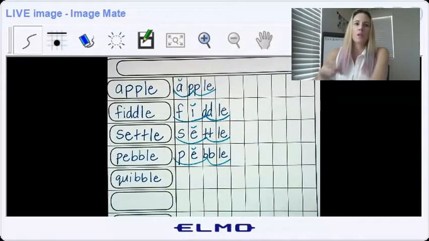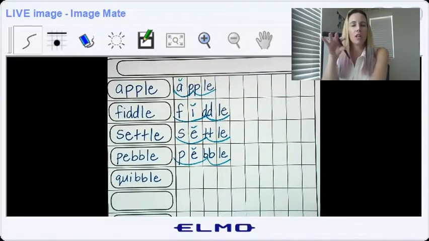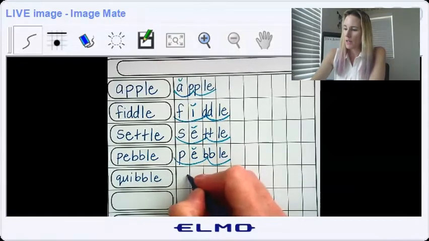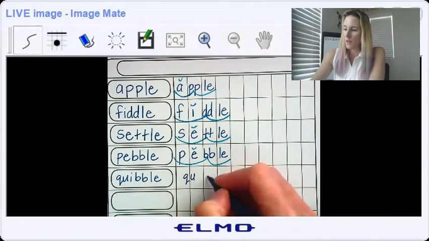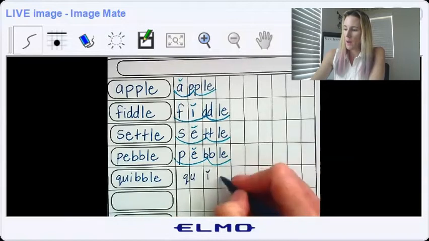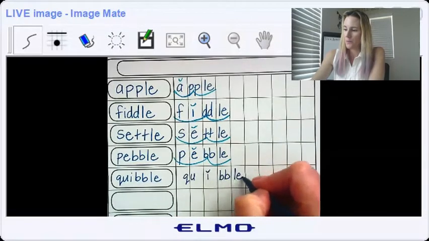Now, this one, when we do our sounds, it can be a little bit tricky because the q is really two different sounds. K, w, I, b, o. Okay, now you could put the q together, the QU, but it's really like this. Q, I, here's your short I, b, o.